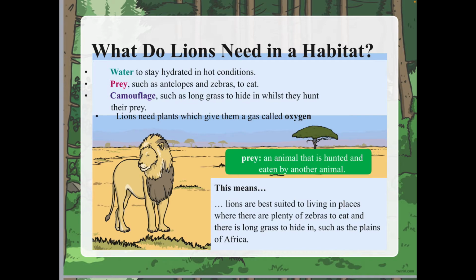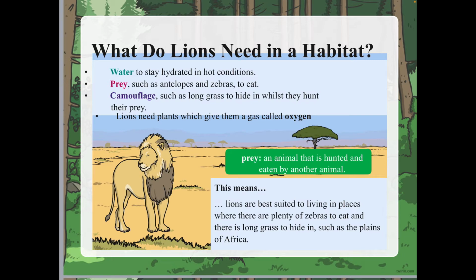So the first thing they need is water to stay hydrated in hot conditions, just like we need drinks to survive. So do lions. They also need prey. Now, prey is an animal that is hunted and eaten by another animal. So the lion, they hunt and eat antelopes and zebras.